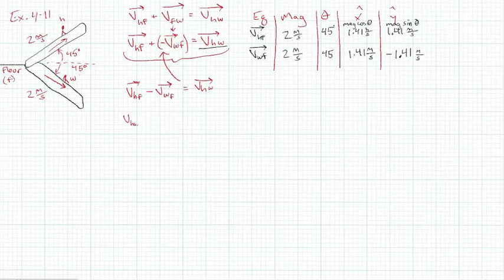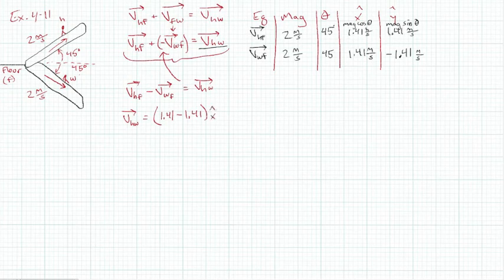Velocity of the husband to the wife equals, okay, now let's subtract the x hats. 1.41 minus 1.41. Okay, that's right out of our notes on how to subtract one unit vector from the other. x hat, right?